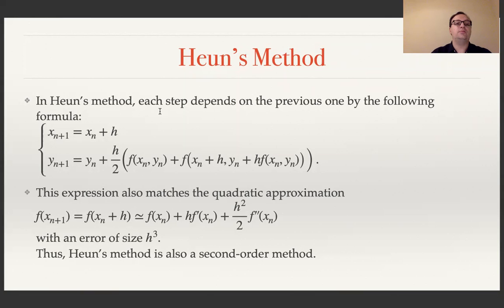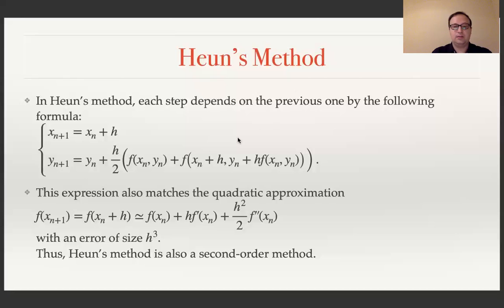So in Heun's method, we use this formula: yn plus h over 2 times f of xn, yn plus f of xn plus h, yn plus h f of xn and yn.